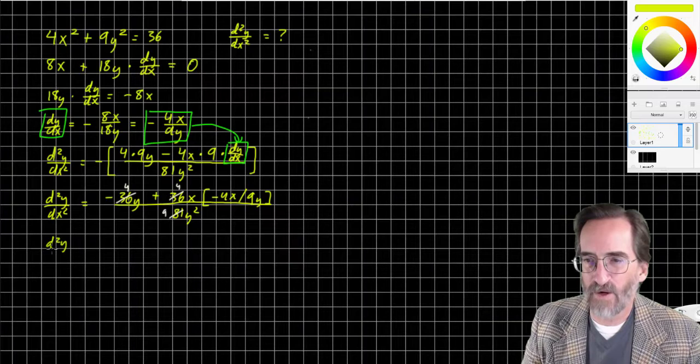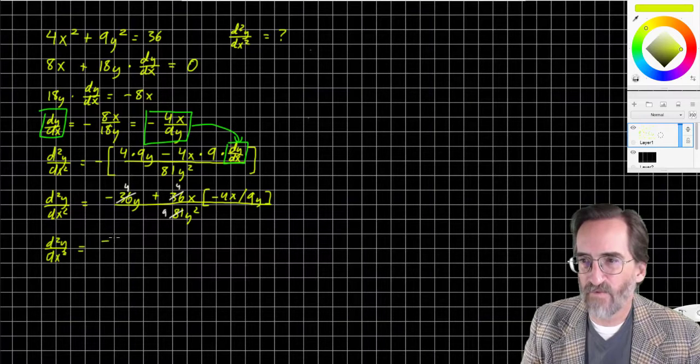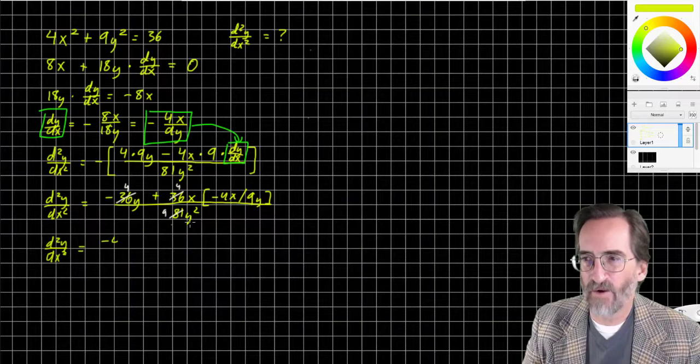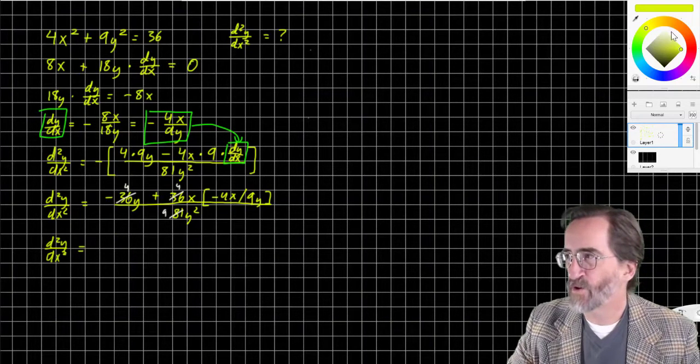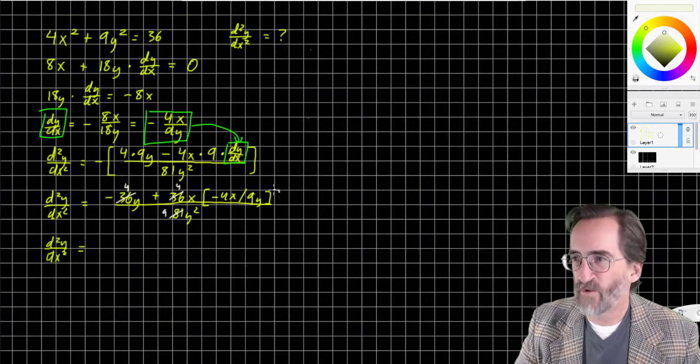d squared y dx squared equals, okay, now we have negative 4y, and I'm multiplying by 9y now. So multiply top and bottom by 9y.